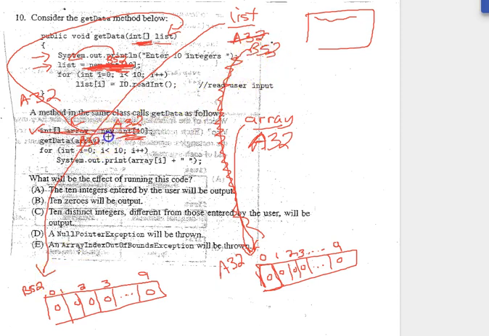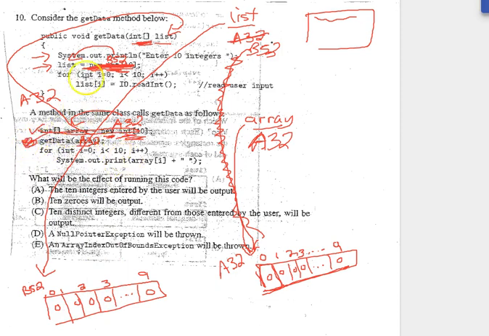So the use of new broke the aliasing that was occurring with two things pointing to the same thing. Both array and list were aliases for this underlying object, but that's broken now, and only array points to this. List points to this. Okay, next, the line of code.